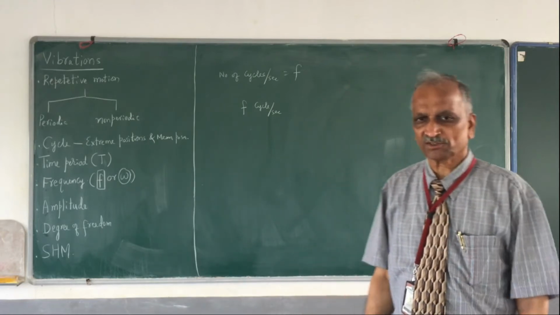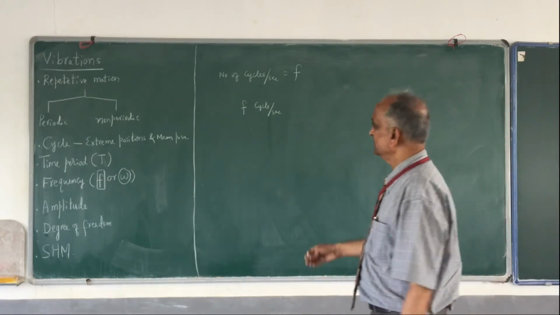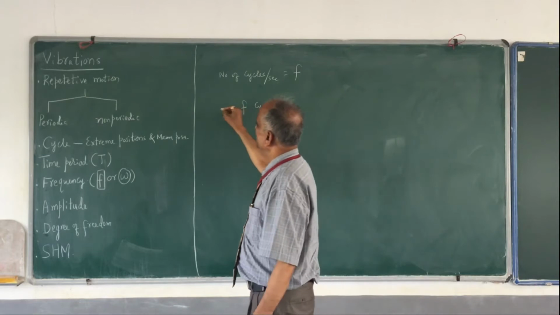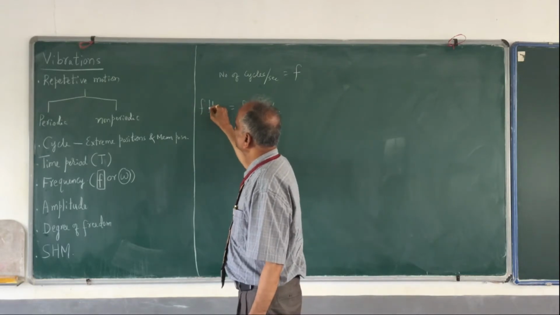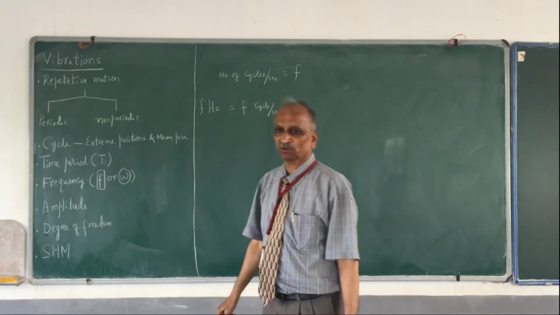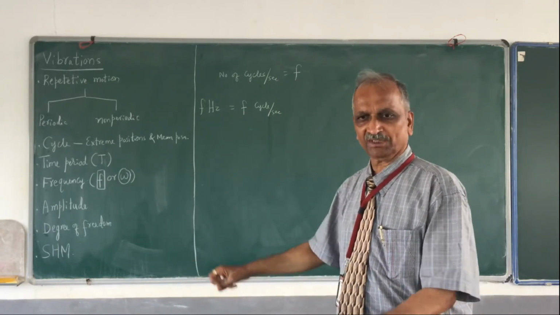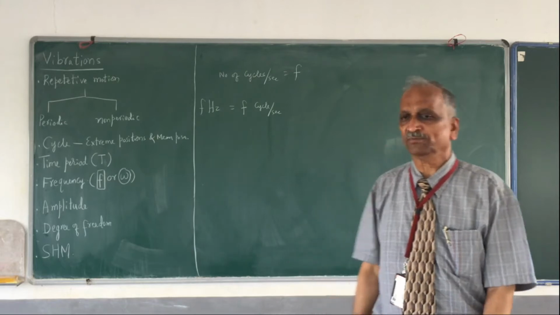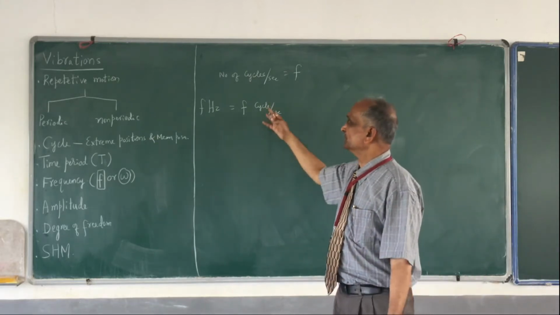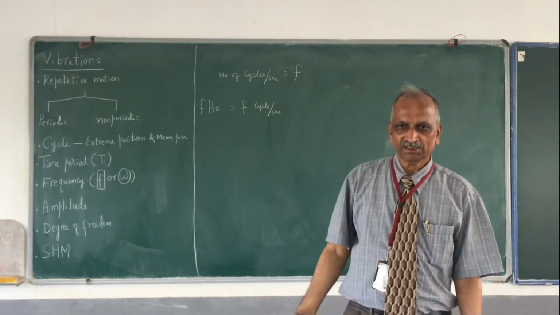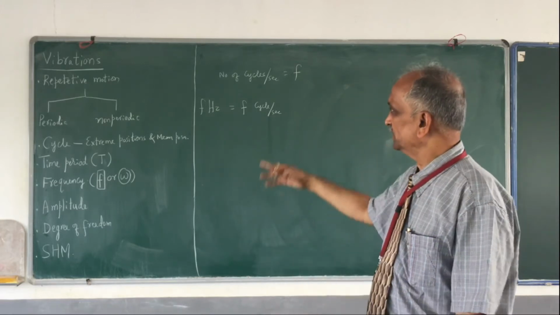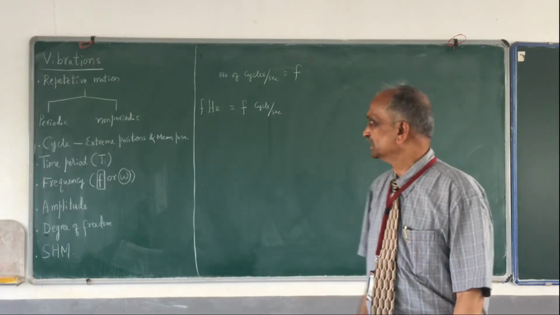So hertz means cycle per second. I can call this f hertz, where f is a number, the frequency expressed in terms of hertz. 1 hertz is 1 cycle per second, so f hertz is f cycles per second.